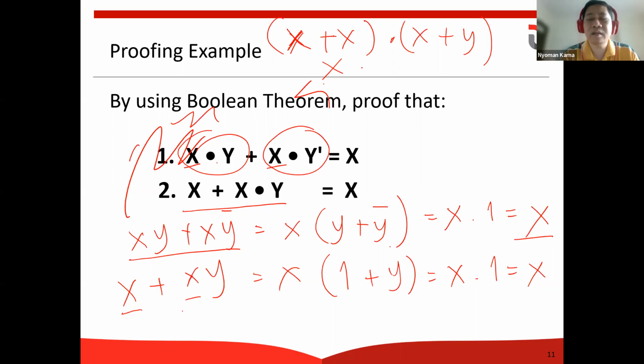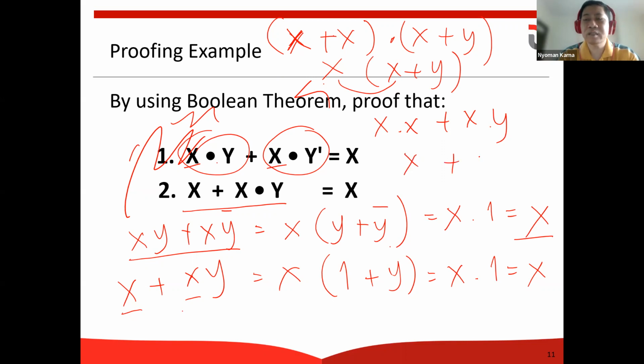Okay, and then x plus y. Then we can use the same distributive law, x times x plus xy. X times x is x plus xy. We're going in circle.